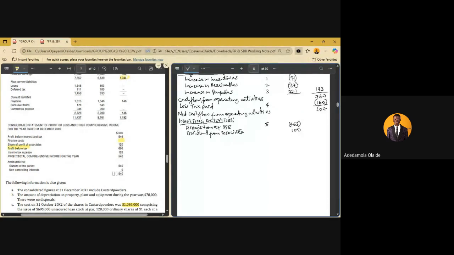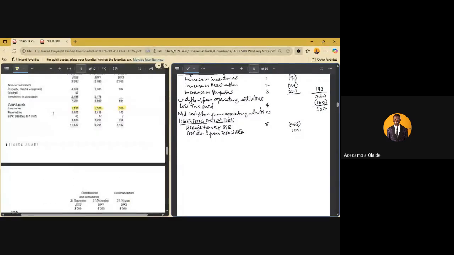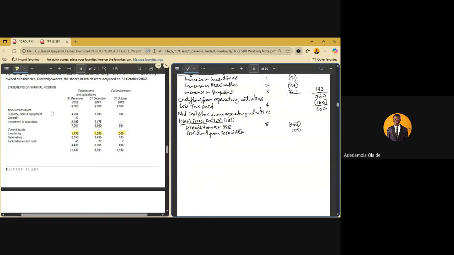So having done dividend from associate, is there anything left? We don't have anything in our non-current asset again. So are we done with investing activities?